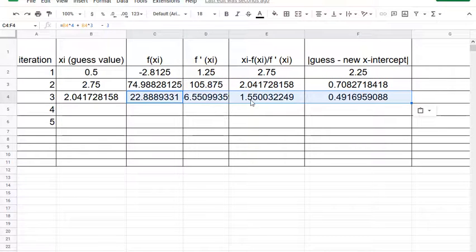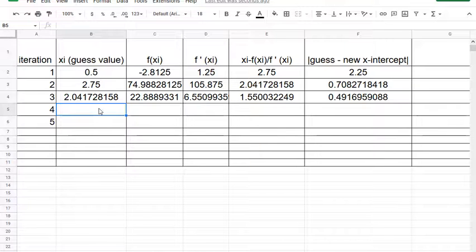So at the end of the third iteration, we have a tangent line with the x-intercept of 1.55, but the difference between x sub i and the new x-intercept is still too large, so we go to iteration 4.